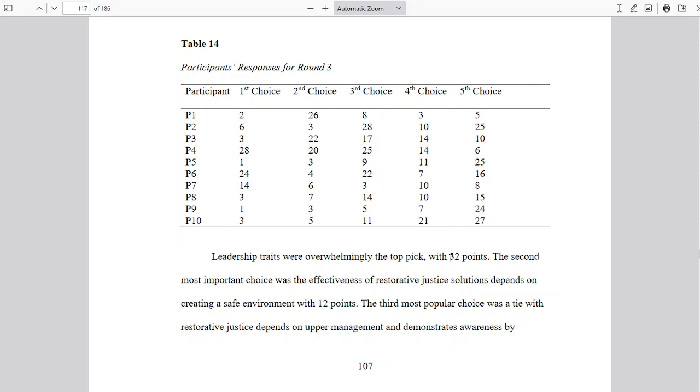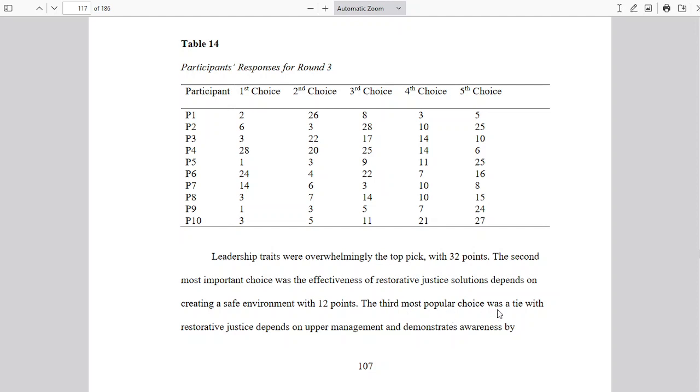The second most important choice was the effectiveness of restorative justice solutions depends on creating a safe environment with 12 points. So you see the gap right here, which the study came through, especially with my degree being leadership, showing that leadership is very important to creating a successful restorative justice process.